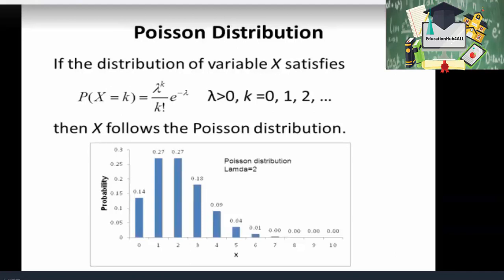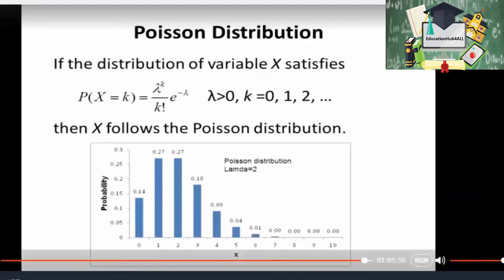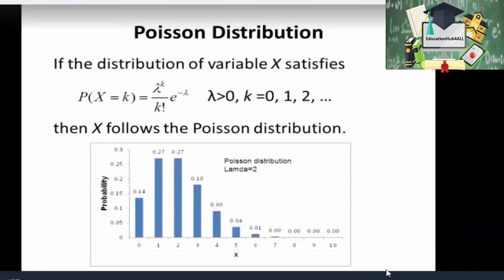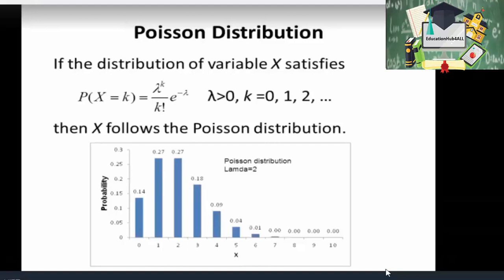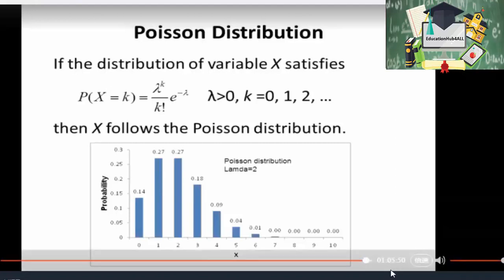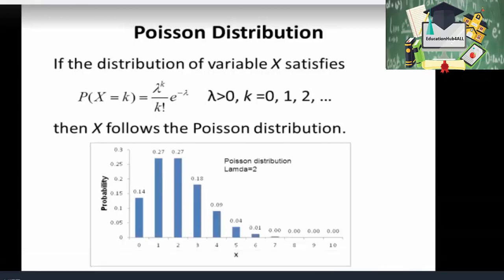With this probability, I can also ask many different probabilities. Like the probability of receiving a phone call number from 2 to 10, or more than 5, or less than 3, something like that. Now you can have the probability. What's the probability to receive at least 3 phone calls every day?